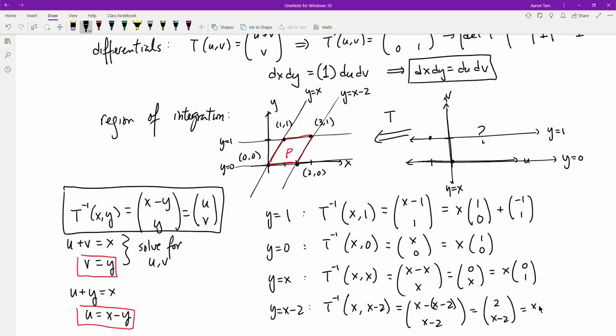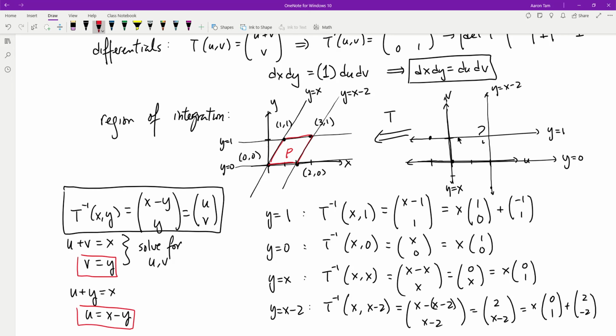Therefore you can say that's x times 0, 1 plus 2, negative 2. And so 2, negative 2 would be probably somewhere over here. And then it goes 0, 1, meaning it goes straight up and down. Oops, minus 2.